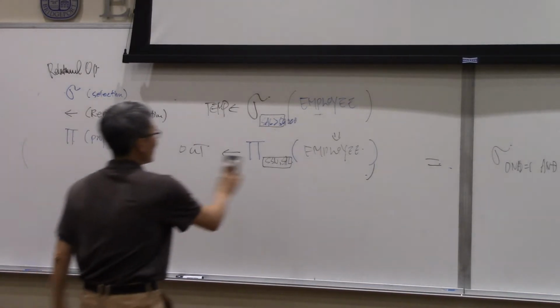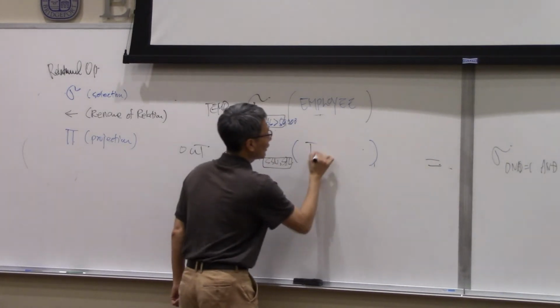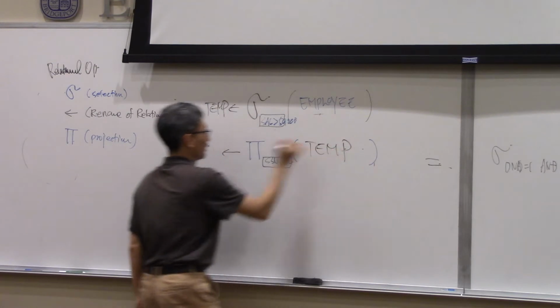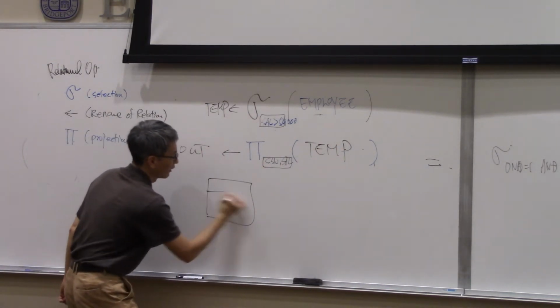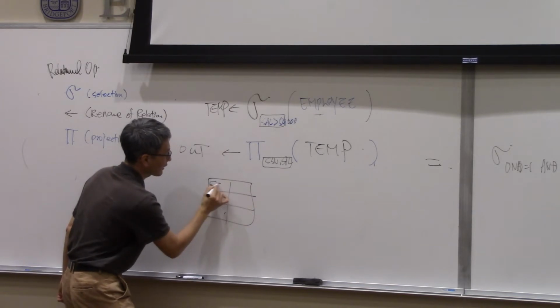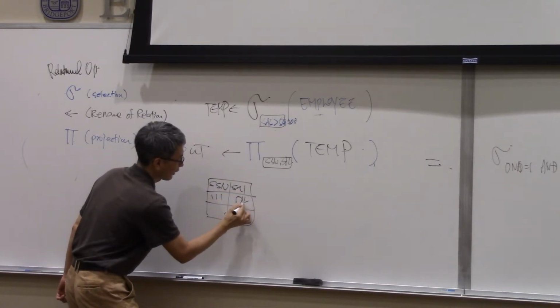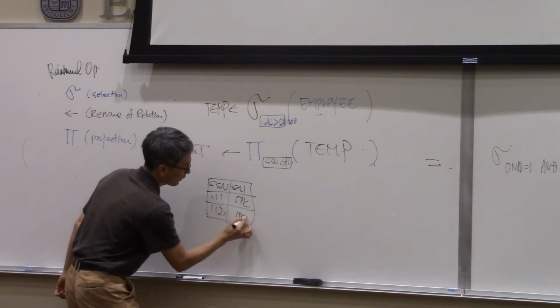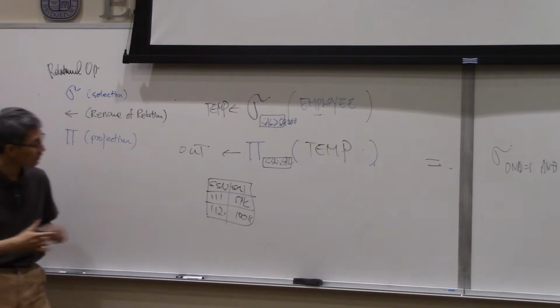For example, in this case, if we replace this one by TEMP, that's it. The output will be SSN, salary: 111 is 50K, and 112 is 100K. This is the expected output. What is this?